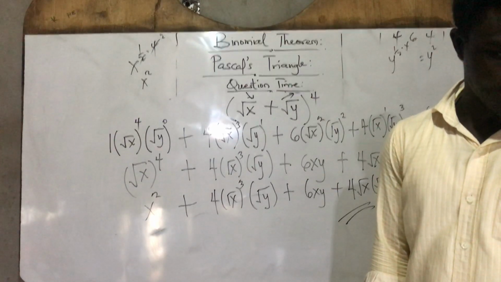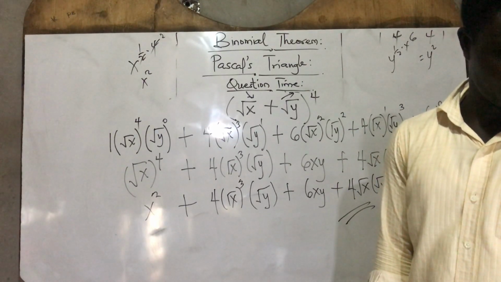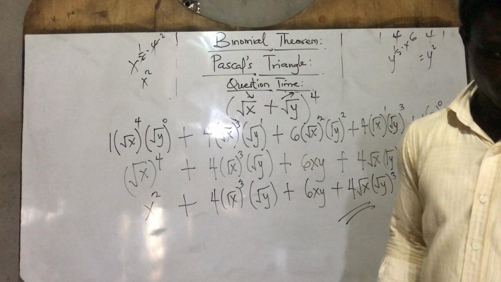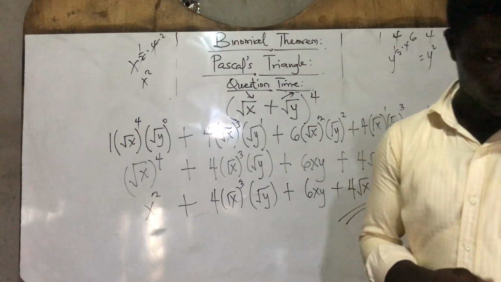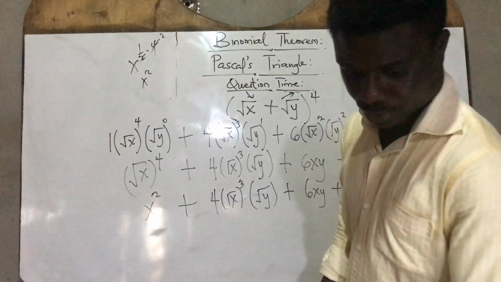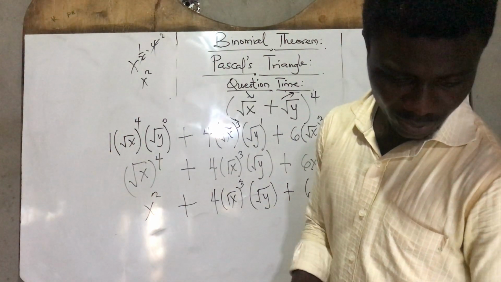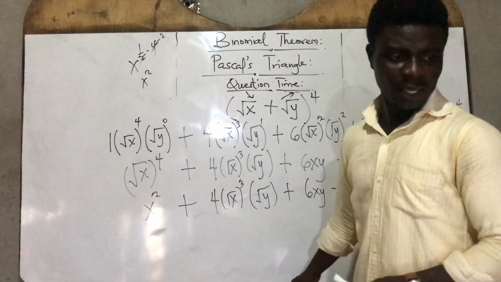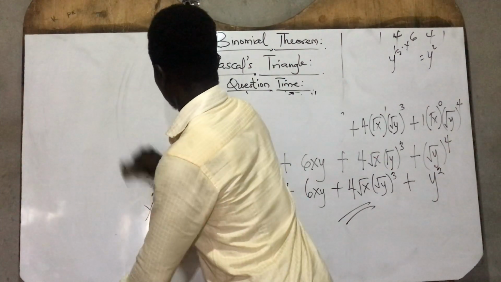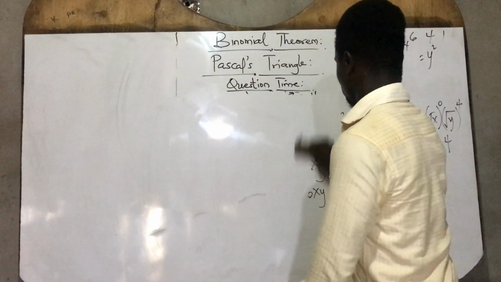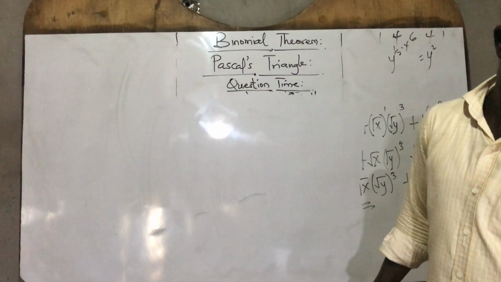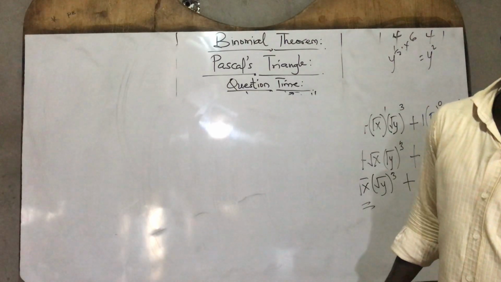So let's see one example, the last example on that. Let me take one simple example then. Let's see, p plus 1 on p all to the power 3.